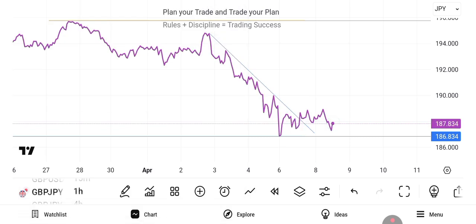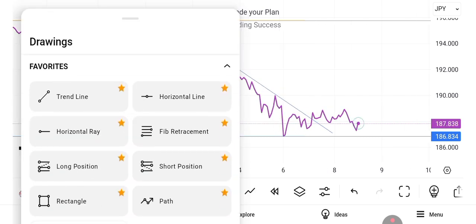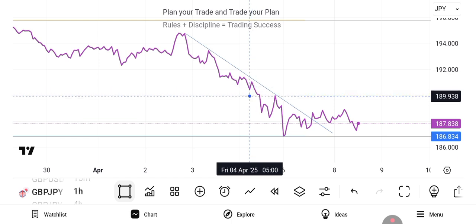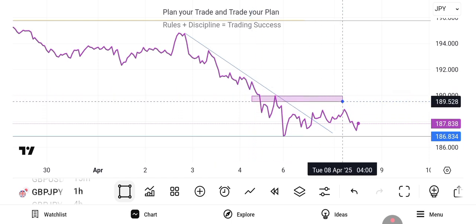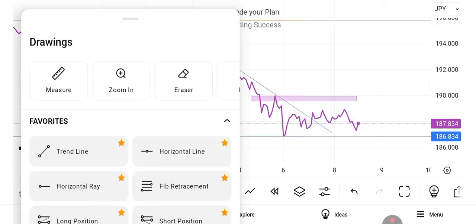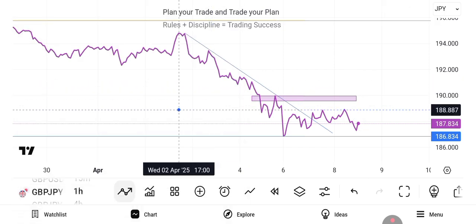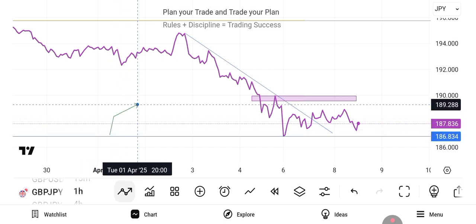The other thing we do is mark our zone that indicates that if this zone gets taken out, the market will change direction, which is this zone. So to make you understand better, the market is in an uptrend from here, like this.